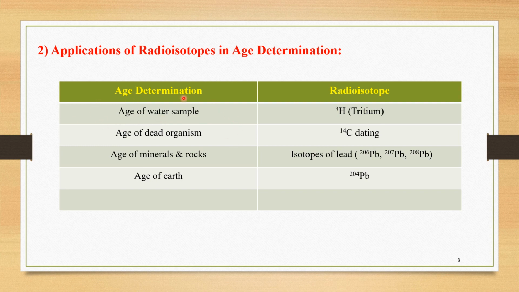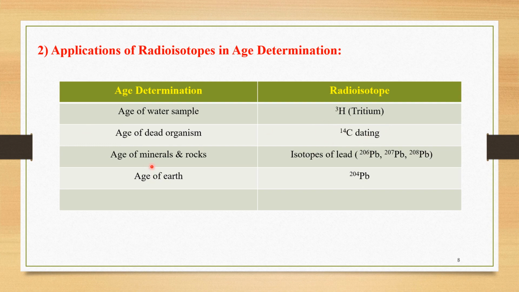If we want to find the age of a particular water or liquid, we use the isotope of tritium, that is, the isotope of hydrogen with mass number 3. If we want to find the age of a dead organism, we use carbon-14 isotopes, which is called C14 dating.